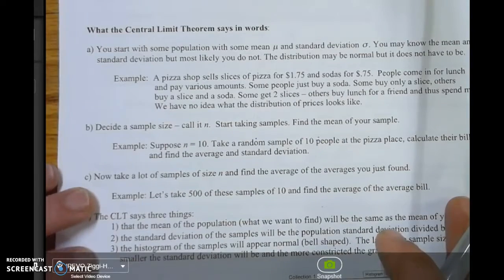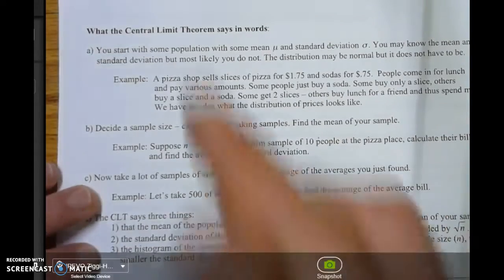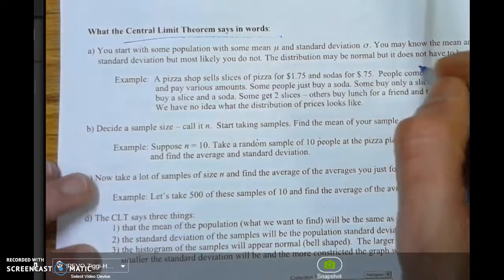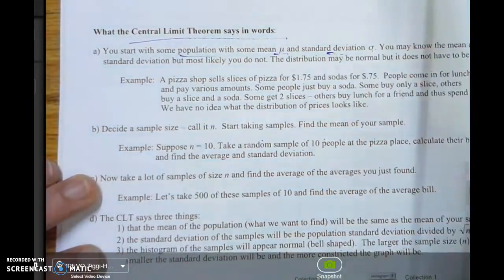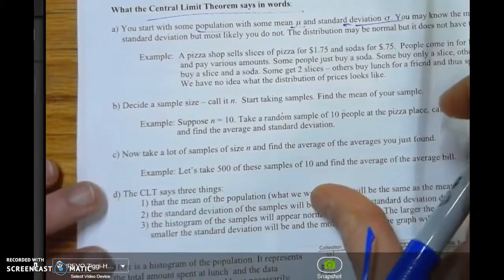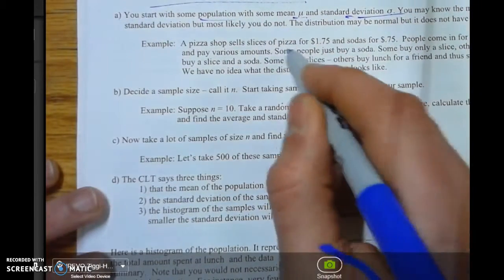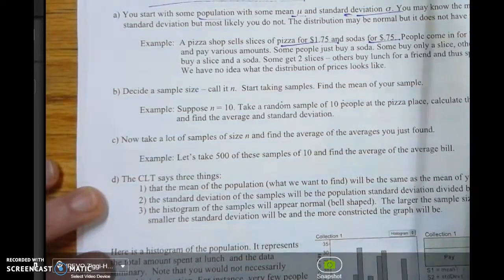So to summarize the process, the central limit theorem says that you can start with any population with a mean of mu and a standard deviation of sigma. Let's take an example of a pizza shop, which sells pizza for $1.75 a slice and soda for 75 cents. People come in to buy different amounts of these.